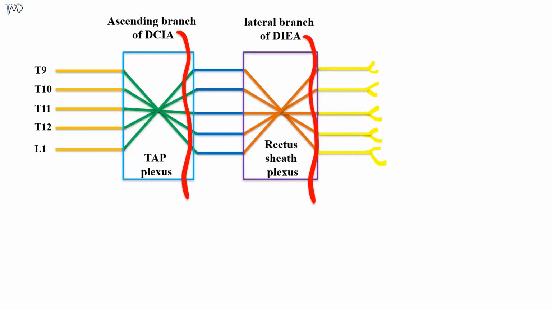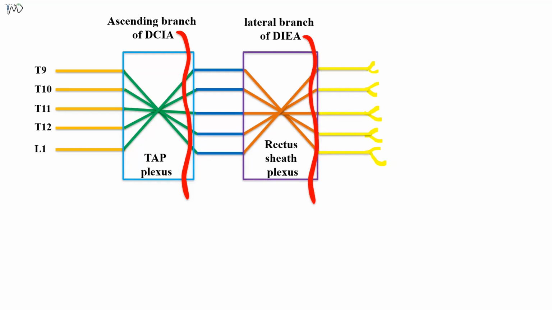Within the TA plane, the lower segmental nerves give off multiple communicating branches to form a longitudinal TAP plexus lateral to the ascending branch of the deep circumflex iliac artery. From this plexus, anterior branches arise, enter the rectus sheath from the lateral side, and once again communicate to form the rectus sheath plexus behind the rectus abdominis muscle.